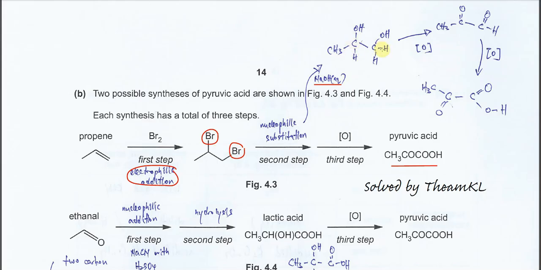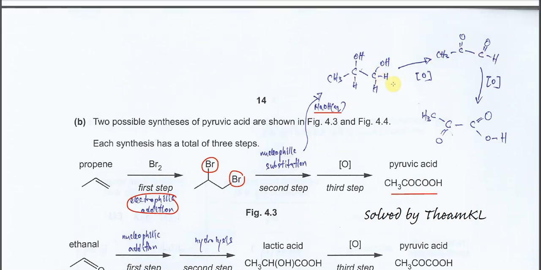And this alcohol will be further oxidized to form this one. How? This hydrogen and these hydrogens will be removed to form this carbonyl group. And of course, this hydrogen and these hydrogens will be removed to form this aldehyde. And this aldehyde group can be further oxidized to form this carboxylic acid.